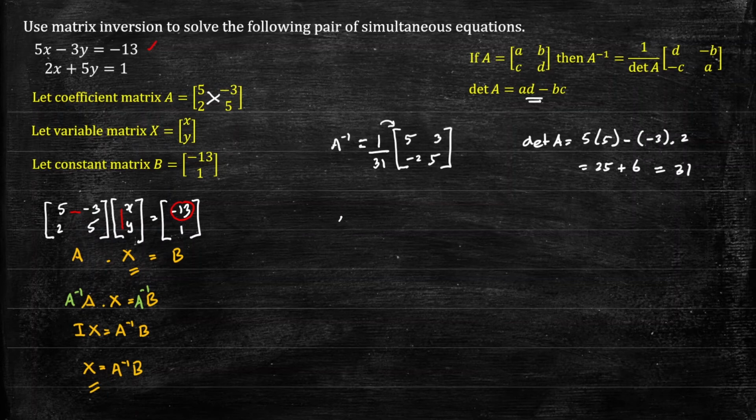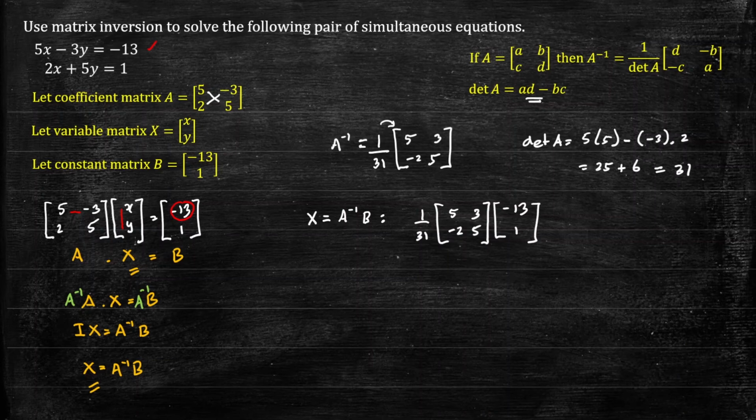So we have A inverse times B. This is what we need to calculate to find our required matrix. So we have 1 on 31 times 5, 3, negative 2, 5 times B, which is negative 13, 1.